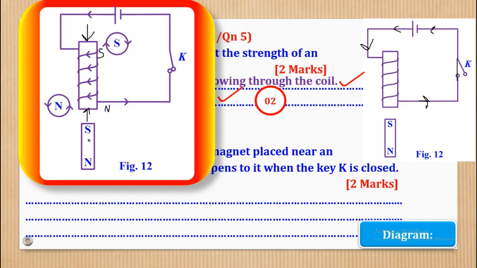But remember, this is south, so we know that from the laws of magnetism, unlike poles attract. Therefore, here there will be an attraction because these are unlike poles.